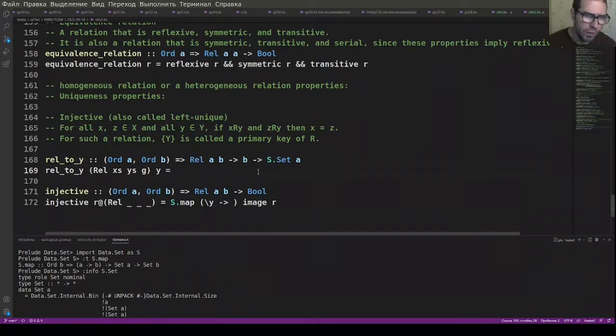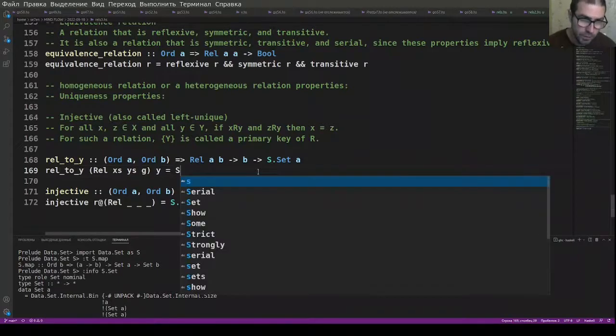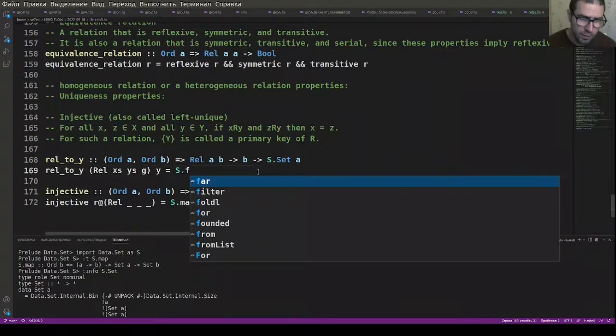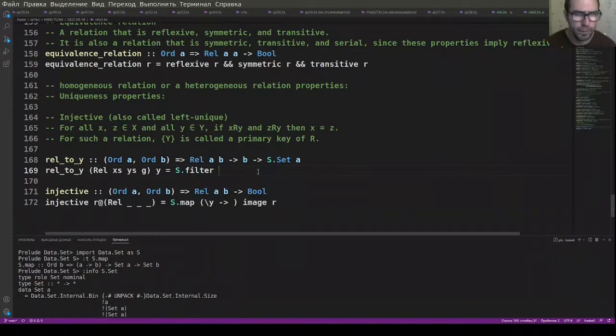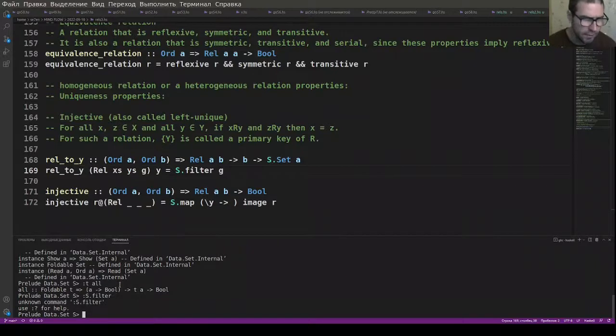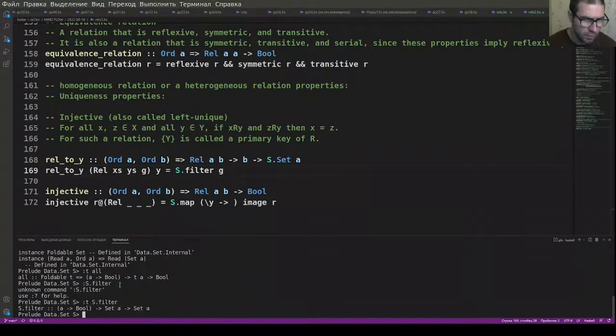So at first we need to take this set G and filter it with some, so let's look at the filter function. With filter, we can filter our sets. We need to provide a filtering predicate here.